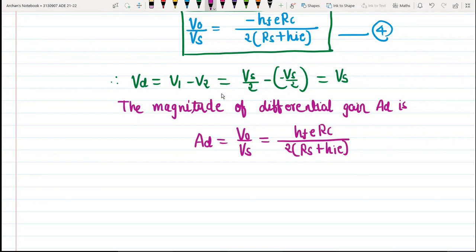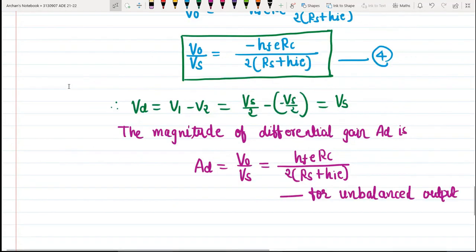Okay, so this is the output. But this output is for unbalanced output. This equation is for unbalanced output.